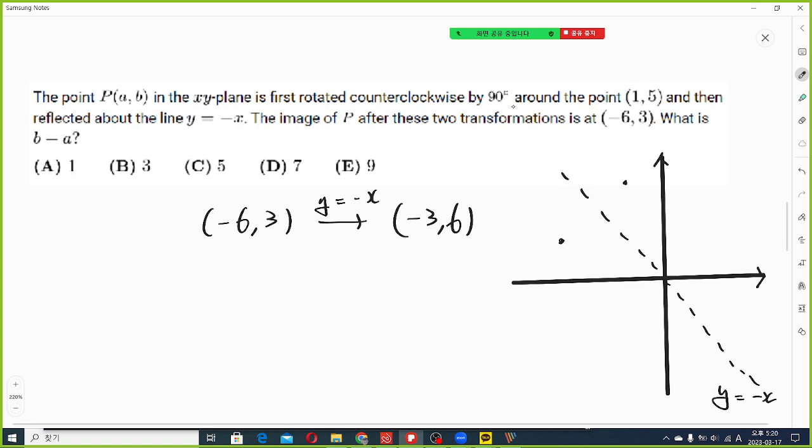And then this point will be rotated around the point 1 and 5. So let's make 1 and 5 here.